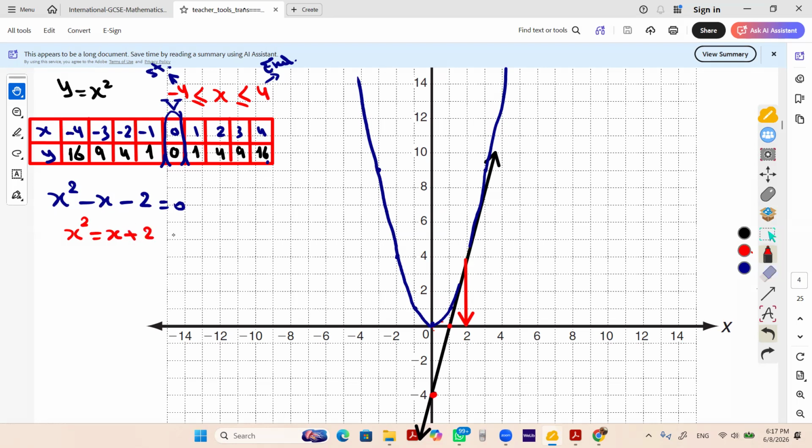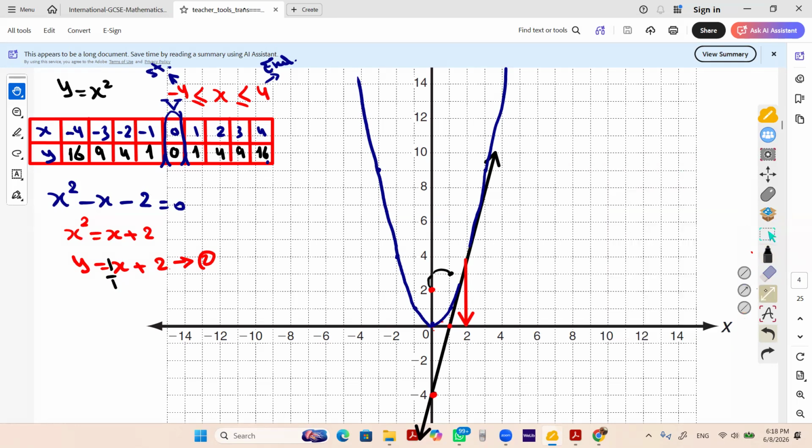If I ask you how we can draw y equals x plus 2, the y-intercept is 2. Good. So you have to plot a point here. And the gradient here is 1 over 1. Good. This means that you have to move up one step and move to the right one step, right? So this is the second point.